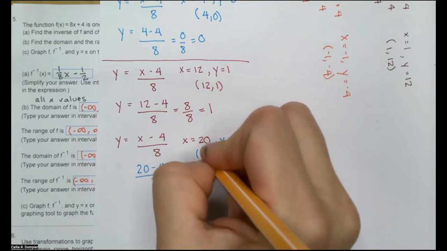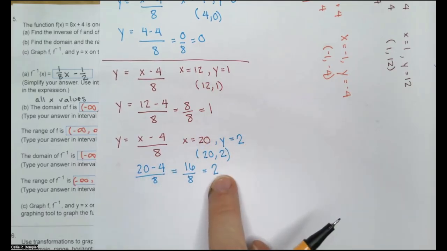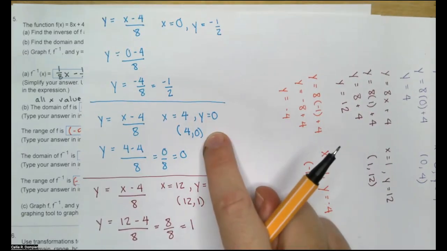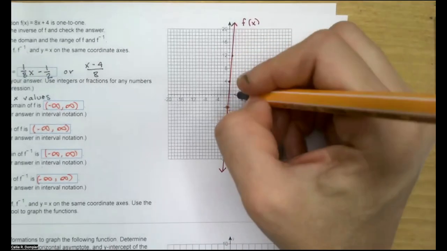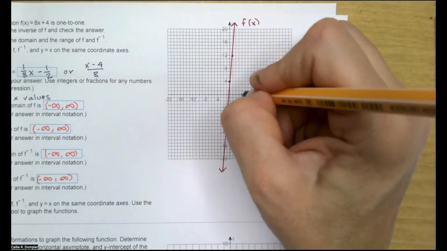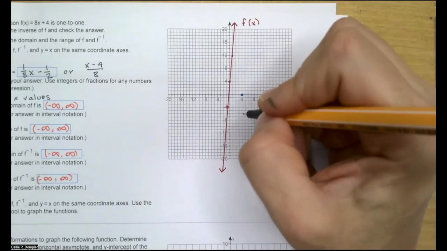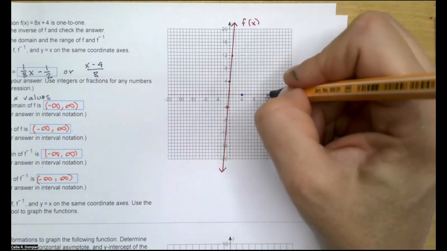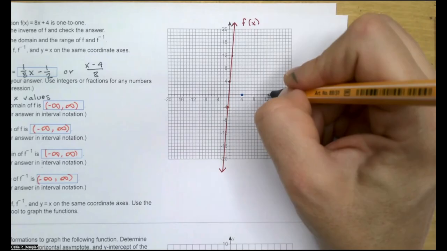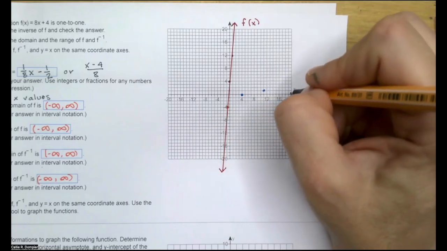So that's the point (20, 2). So for the inverse, I have (4, 0), (12, 1), and (20, 2). So over 4, not up or down, so 0. 12, 1, and 20, 2.